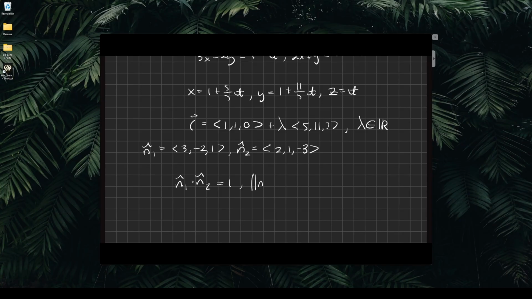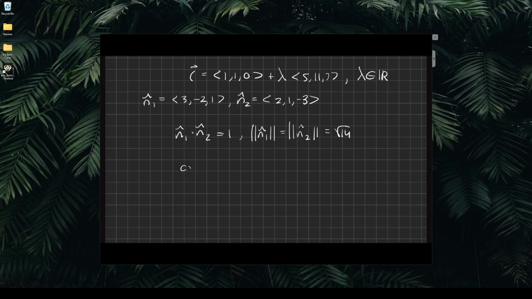And the norm of this first unit vector would be 9 plus 4, 14, so square root of 14, and same with n2, so these norms are actually equivalent to each other. It's just the square root of 14.